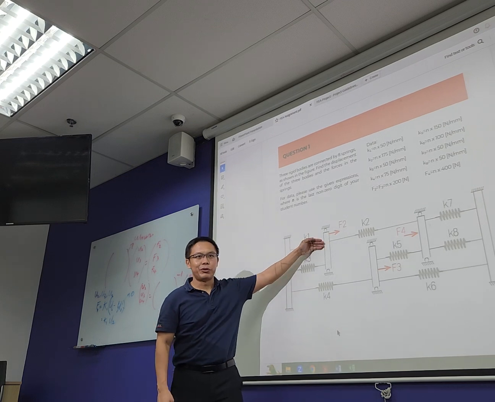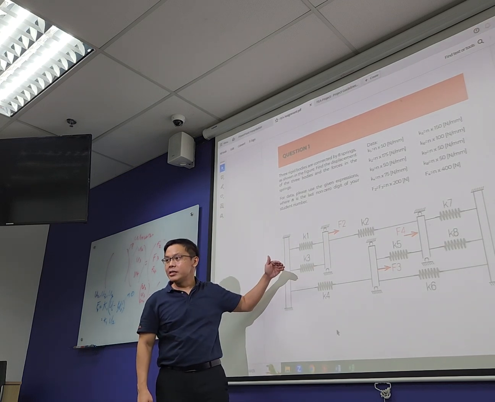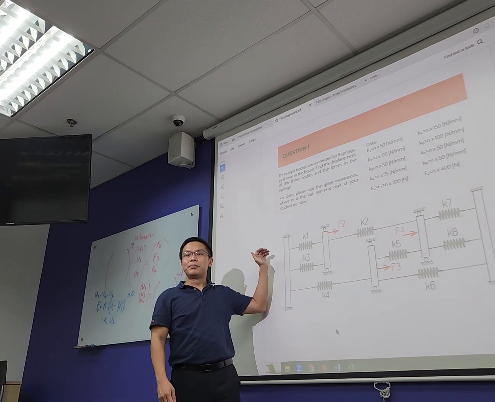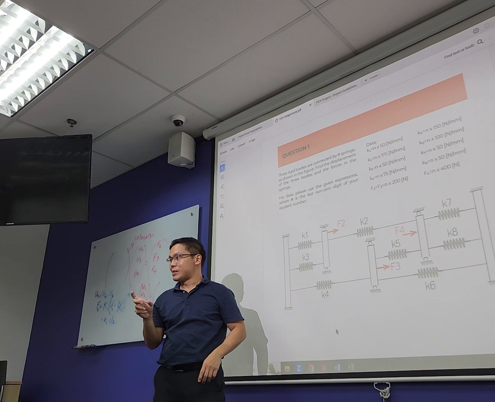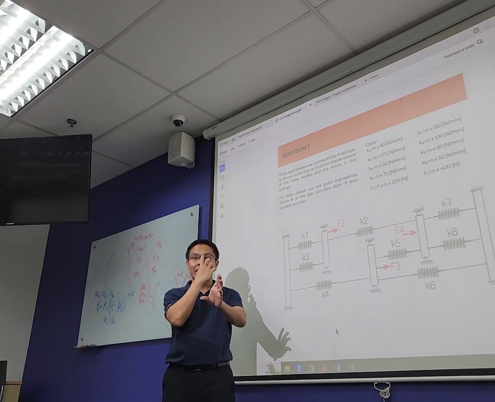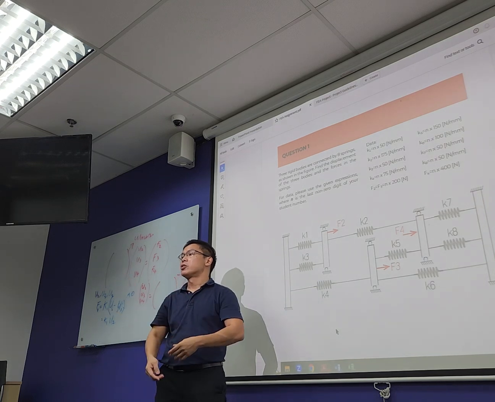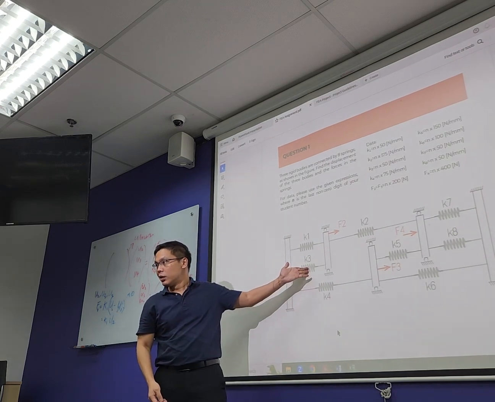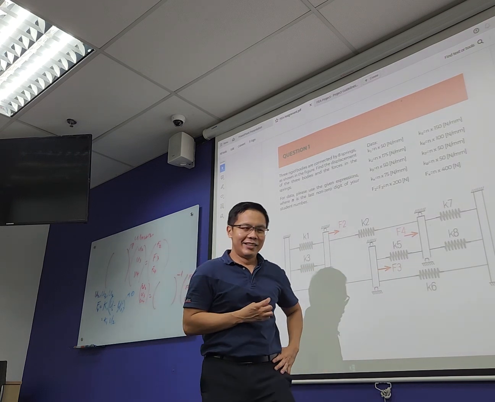This is spring 1, this is spring 3. So there is a different force in spring 3 and spring 1, even though they have the same relative displacement. Relative displacement means U2 minus U1. It's not an absolute displacement, it's a relative displacement. But why is the force different? Because your K is different.